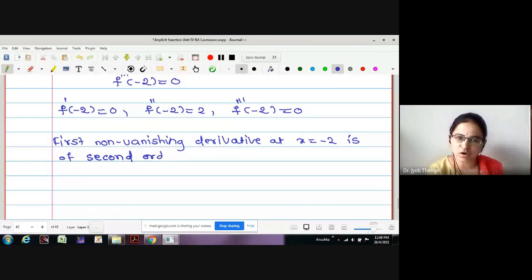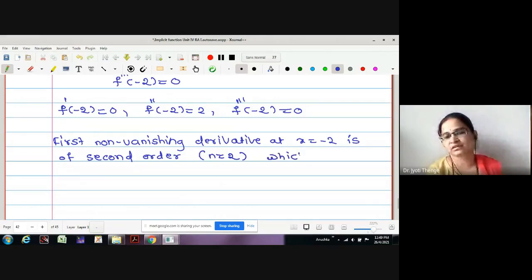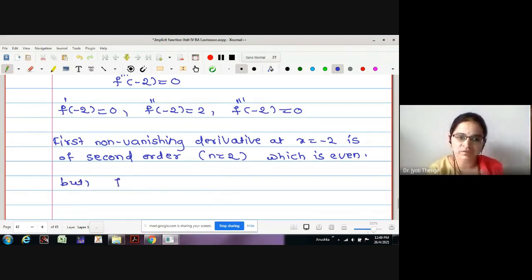Therefore, what is the value of n? 2, right? Which is even. And what does the theorem say? If it is even, you have to check the nature of the second order derivative. But f double dash at the point minus 2 is 2, which is greater than 0.